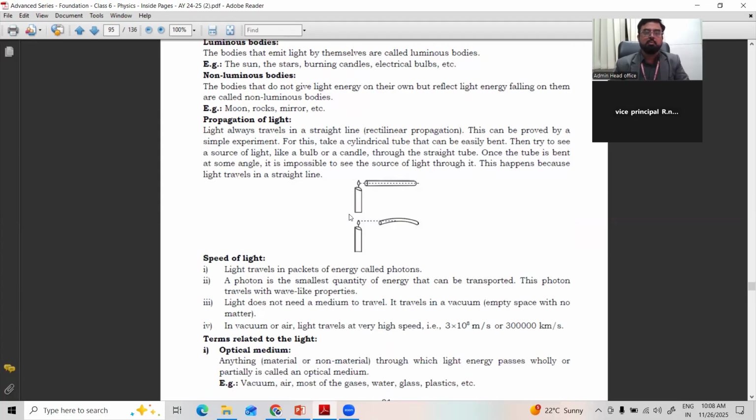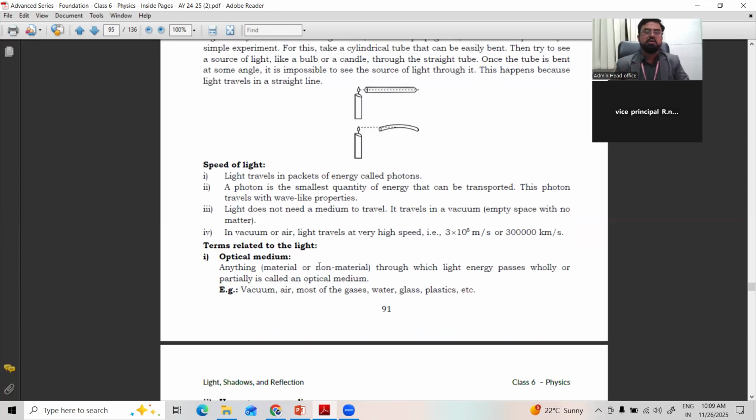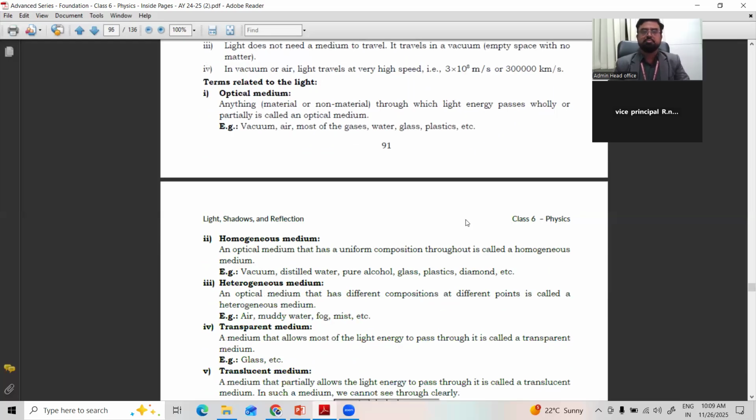Luminous and non-luminous. We also saw that light always travels in a straight line, which is called rectilinear propagation of light. Then the speed of light is very high, that is 3 into 10 power 8 meters per second. Then we started the terms related to light.